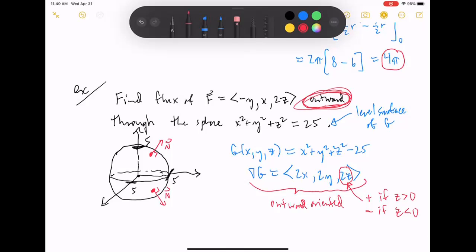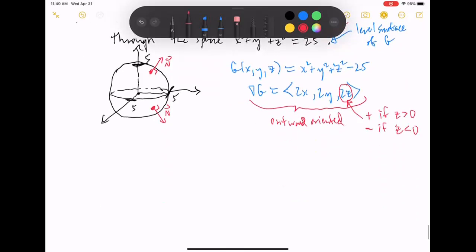So what do you think we're going to do? Integrate the flux of our force field, dotted with the normal. Yeah, let's do that.